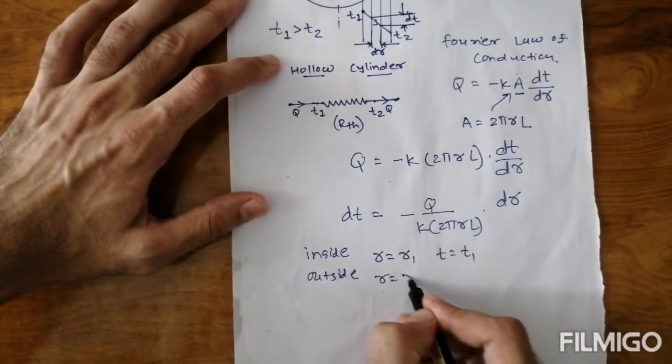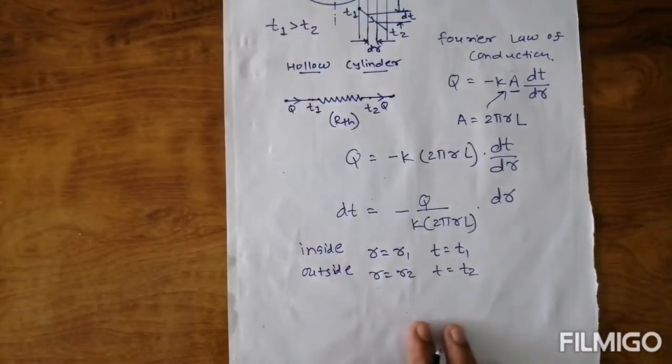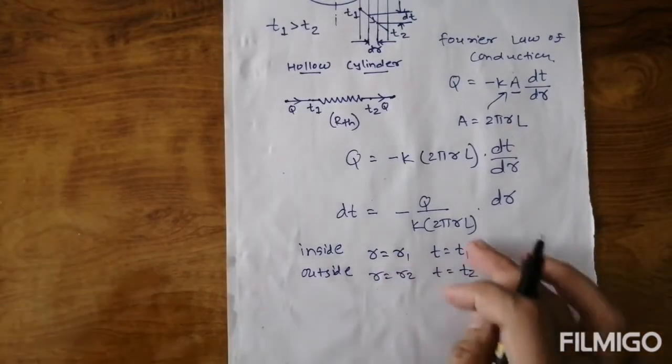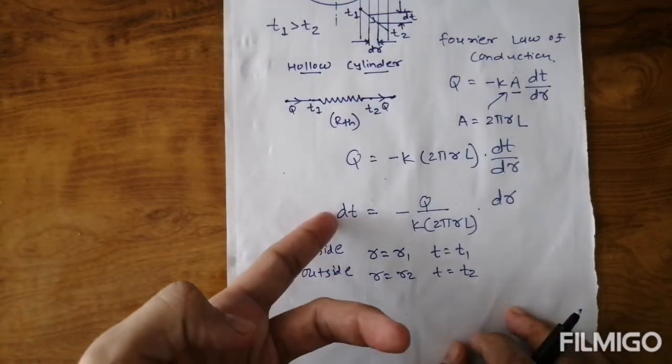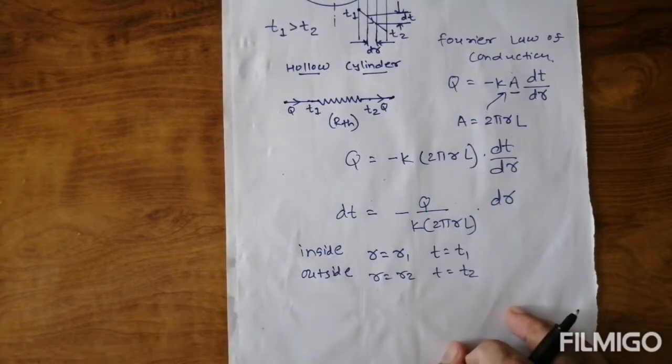So R is equal to R2 and T is equal to T2. We have two boundary conditions, R1 and R2 for the radius and T1 and T2 for the temperature. Delta T is the temperature side and dr is the radius side.